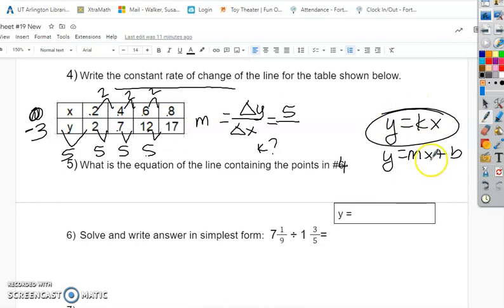So I'm going to use this equation right here. This is B. That's your B, the number that tells you it's not proportional. So B is negative 3. So instead of plus, I'm going to put minus 3. If you put plus and negative, that's okay.